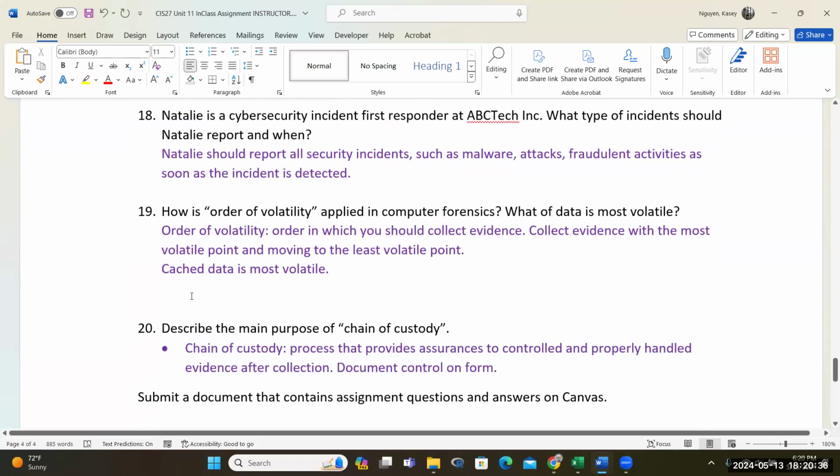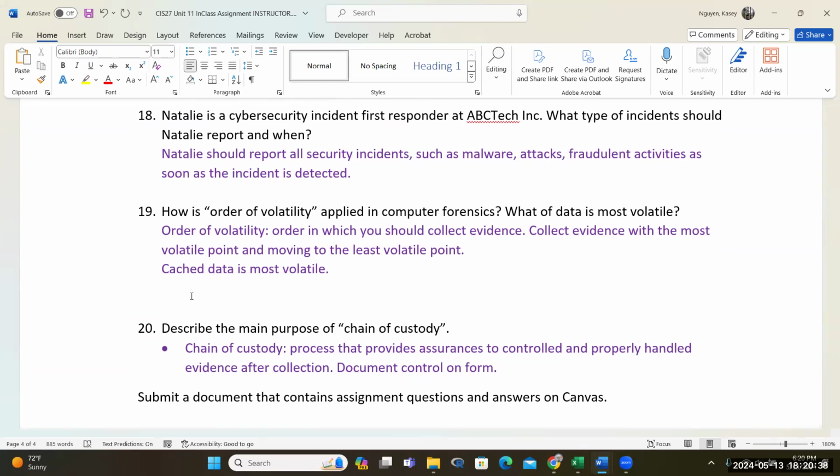And when you collect forensic evidence, you need to follow the chain of custody. This is to make sure that everything is controlled and properly handled. That means we write down what evidence we accessed, the time, the date, and who.